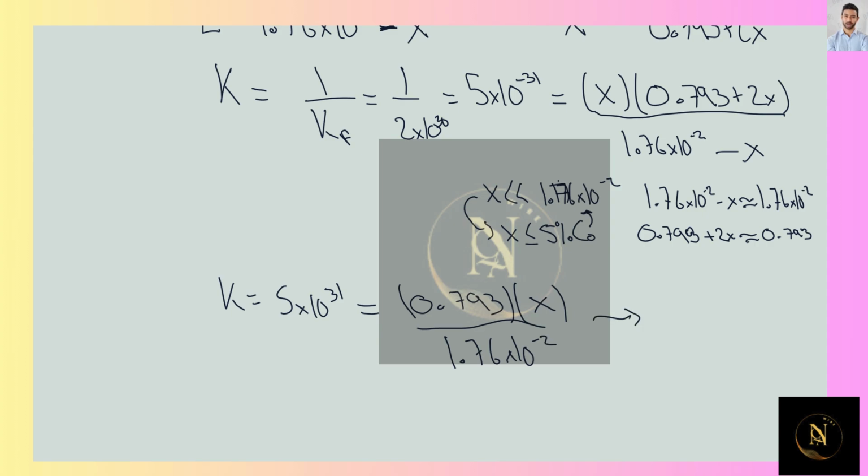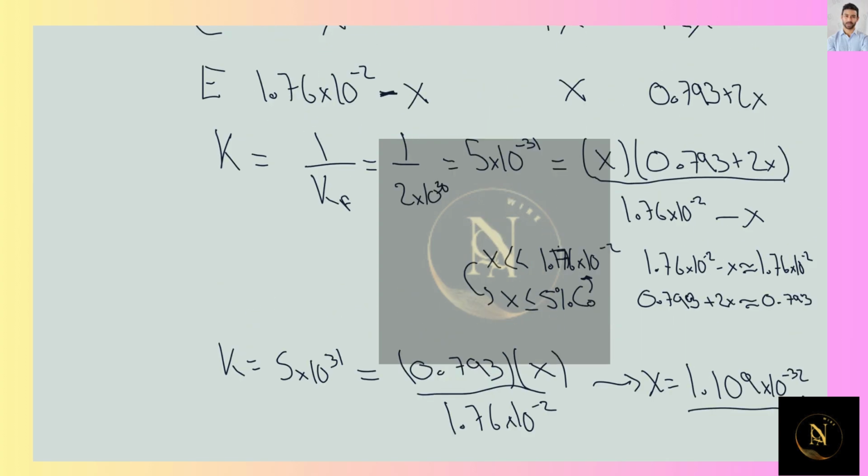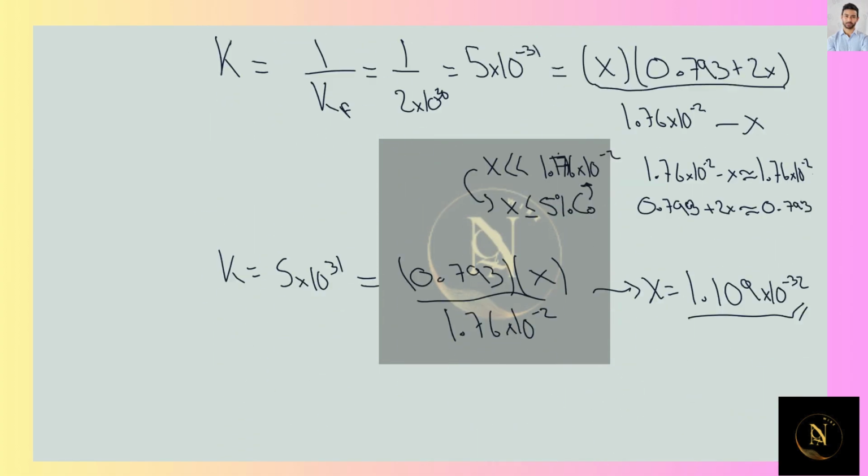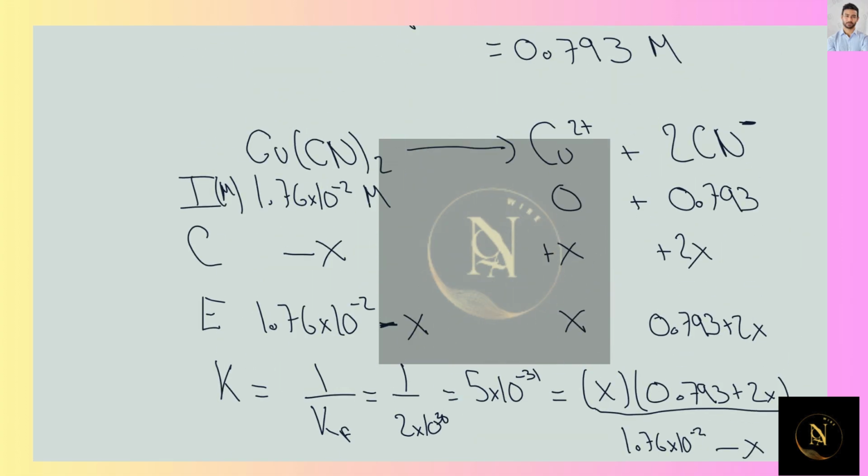Solving for X, it is 1.109 times 10 to the minus 32. So the approximation works pretty well. The result is reasonable because we know that the reaction is going to be really quantitative, since we have a formation constant of 10 to the 30. So we expect the amount of copper cyanide produced to be essentially the same as the amount of Cu2+ that we added.